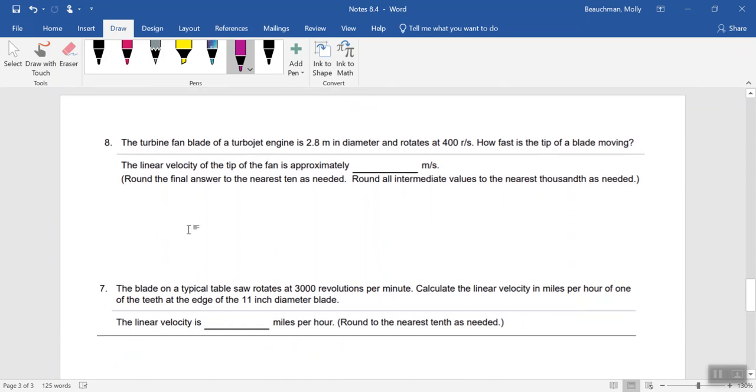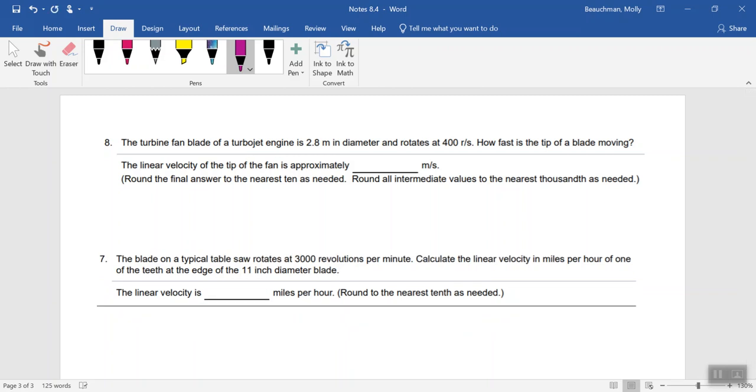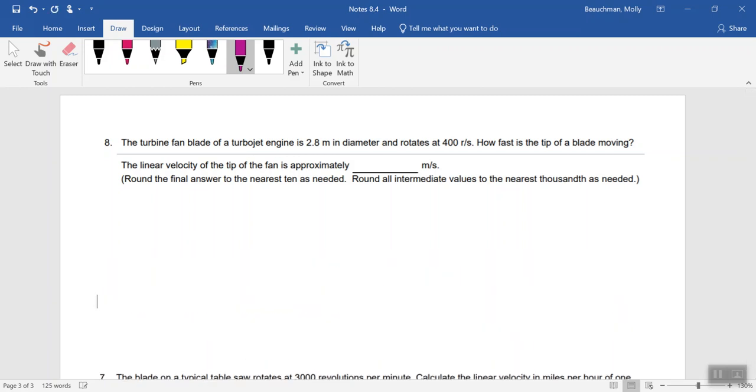A turbine fan blade of a turbojet engine is 2.8 meters in diameter and rotates at 400 revolutions per second. How fast is the tip of the blade moving? So this tells us our angular speed. It's moving at 400 rotations per second. So what is the angle measure that it's traveling?